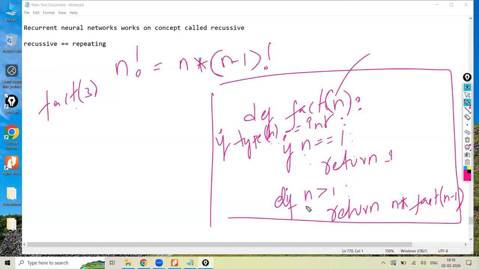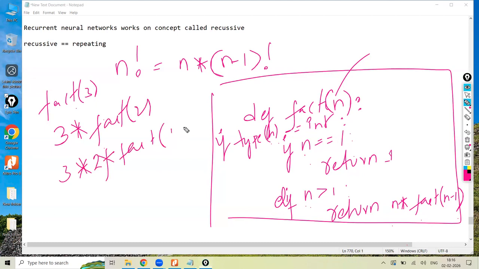No. So 3 is greater than 1, so it is going to return n into fact of n minus 1, that is 3 into fact of 2. Fact means again the function, so it will call the function again and return 3 into 2 into fact of 1. And when it reaches 1, it is 3 into 2 into 1, which is equal to 6.